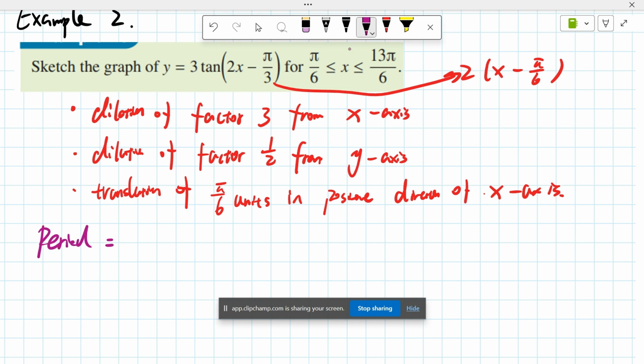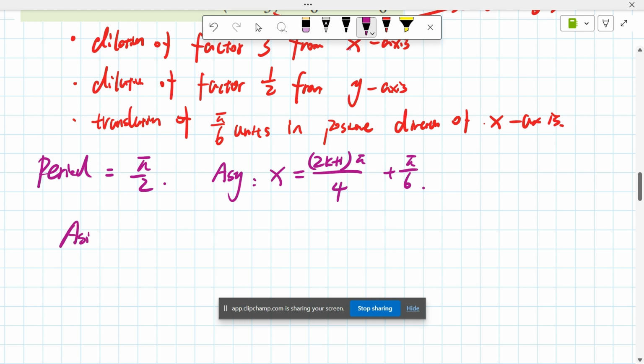Period equals pi on 2, and the asymptote is x equals (2k plus 1) pi over 2n. 2n will be 4, and also plus pi on 6, okay? So that's it.